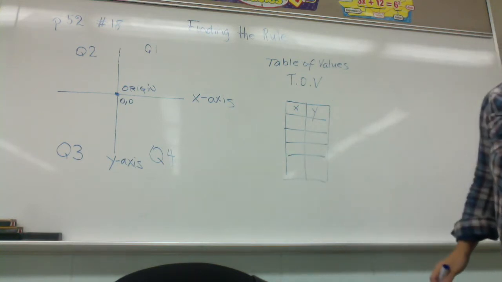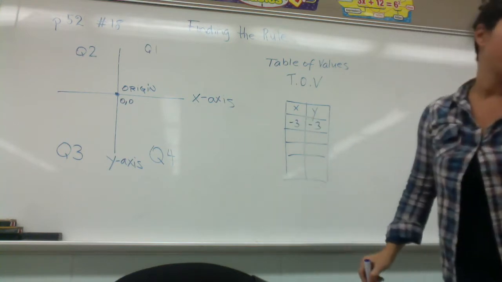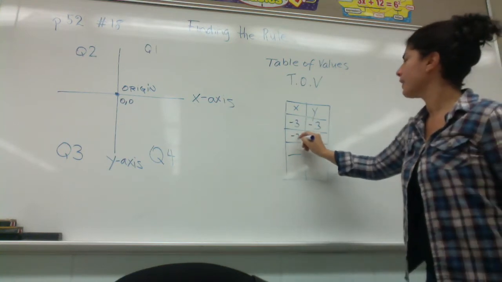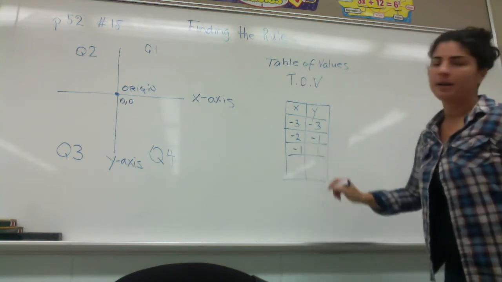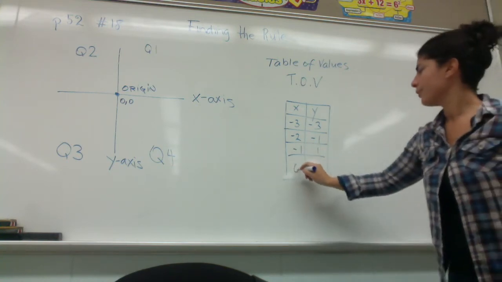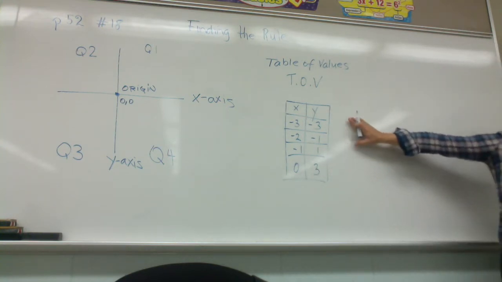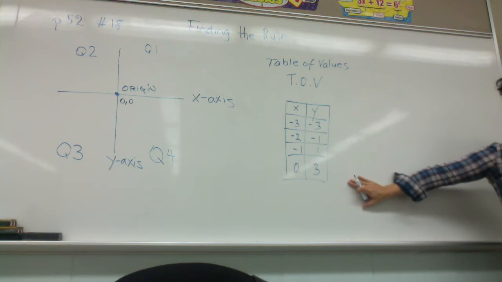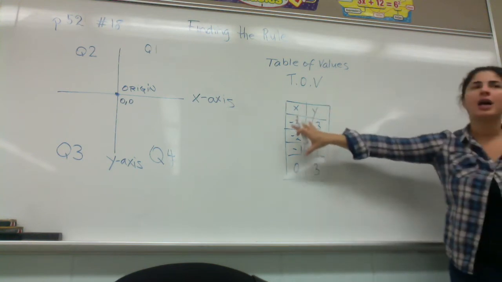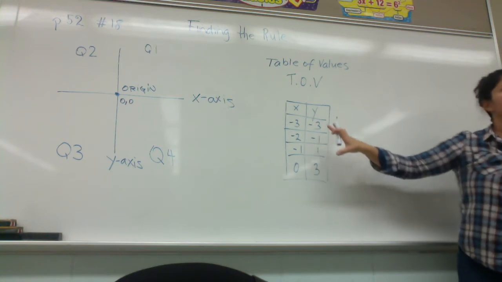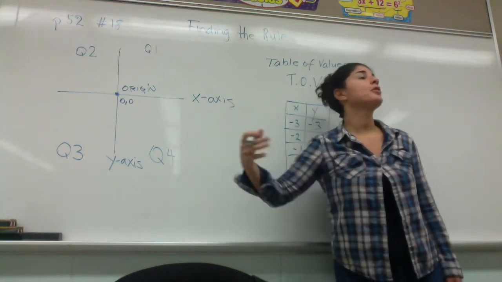So I'll use what they gave me: -3, -3; -2, -1; -1, 1; and 0, 3. They gave me the coordinates in a table of values, and they usually say, can you plot the table of values onto your Cartesian plane? So you would have to know how to do that.